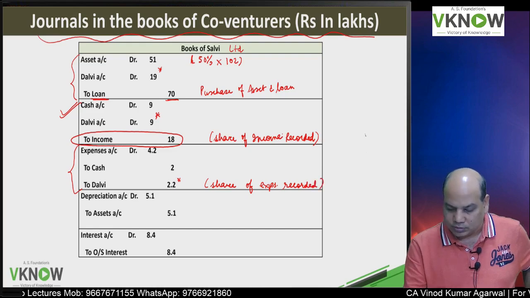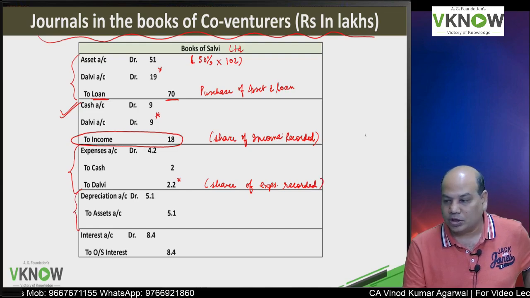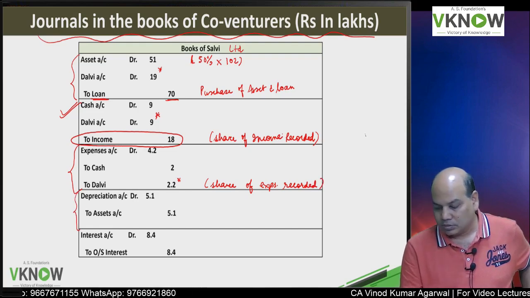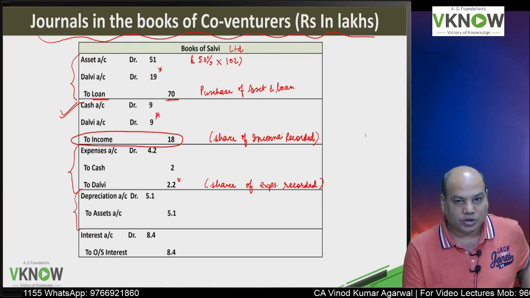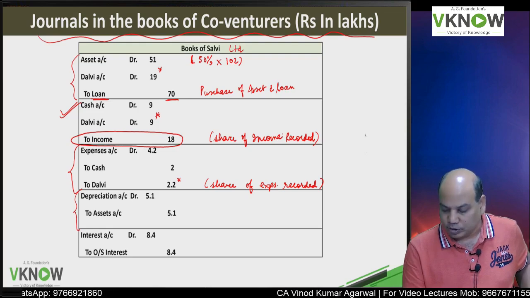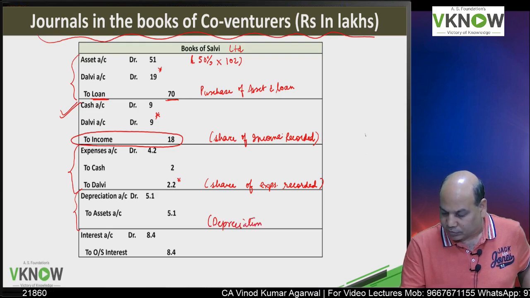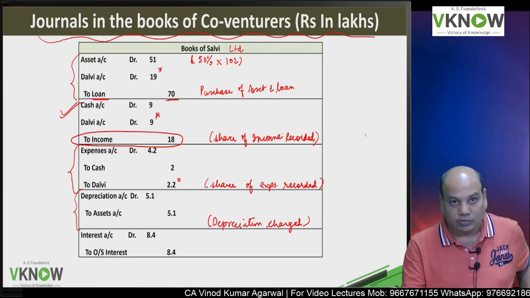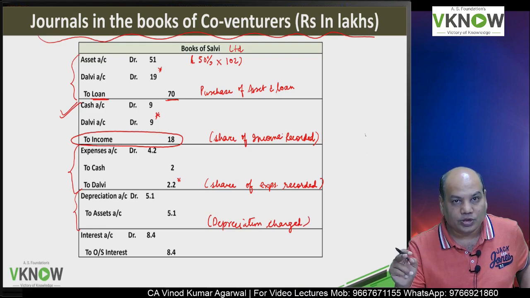Next entry is for depreciation. Depreciation account debit 5.1 to asset account 5.1. Depreciation charged, your share only. And then we have to record interest, but interest was outstanding.